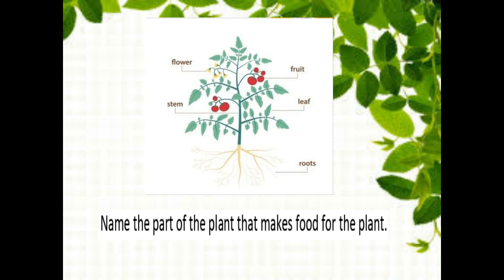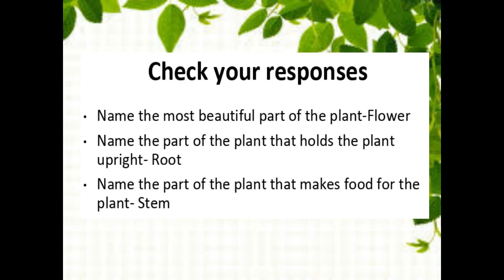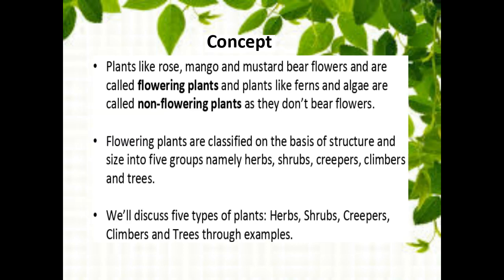With the help of what might the particular plant produce its own food? Yes, it is leaf. So the main parts of the plants are root, stem, flower, fruit, leaf, etc. Right? These are the main parts of the plant.